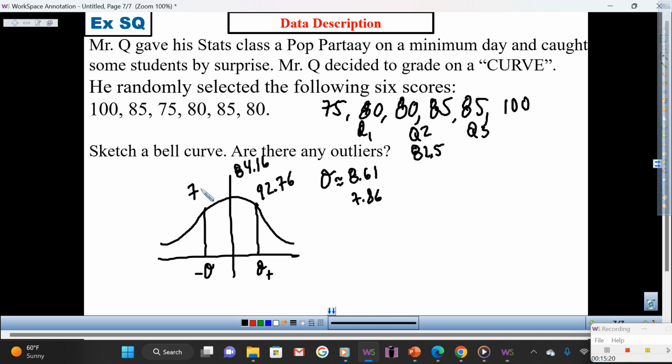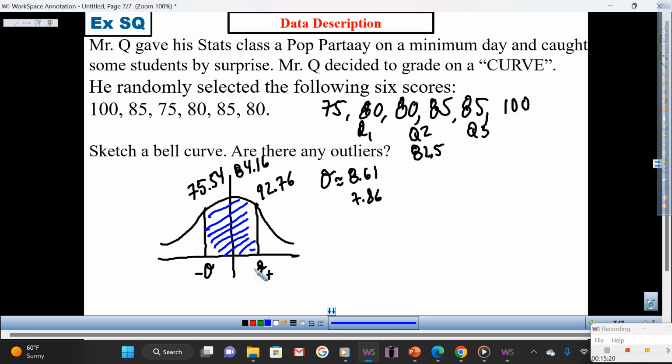What'd you get on the downward, guys? 78.54. Oh, 54, my bad. All right. So in order for everybody to score decent, they need to be in between there.